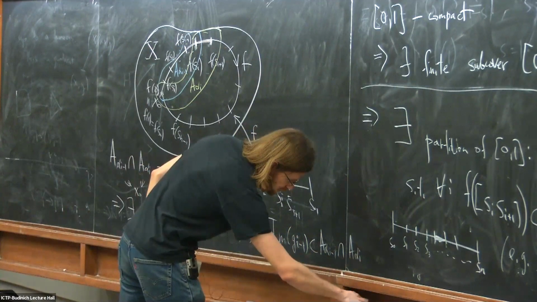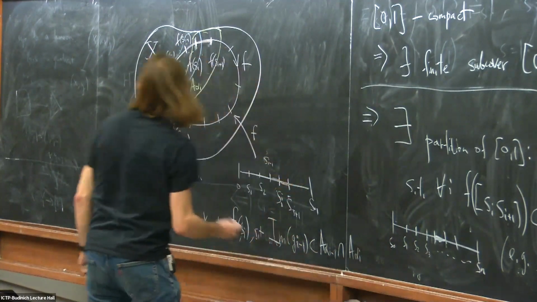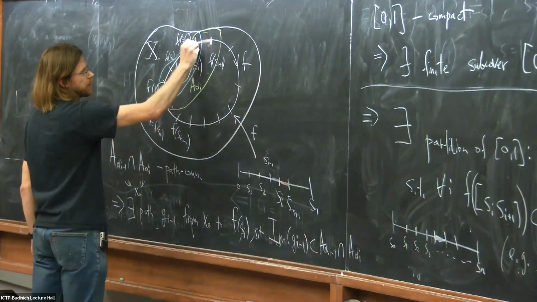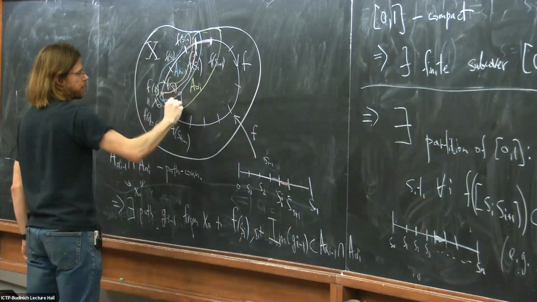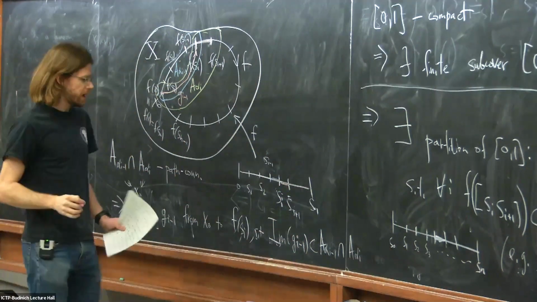Right, since the intersection is path connected, there exists a path g i minus 1. And this can be done for any i.